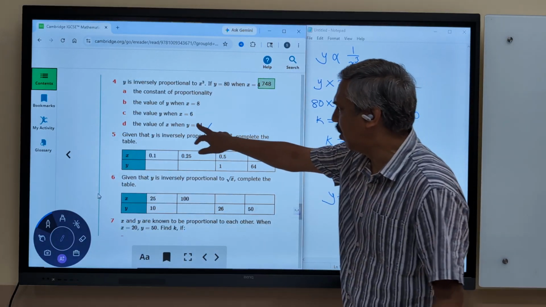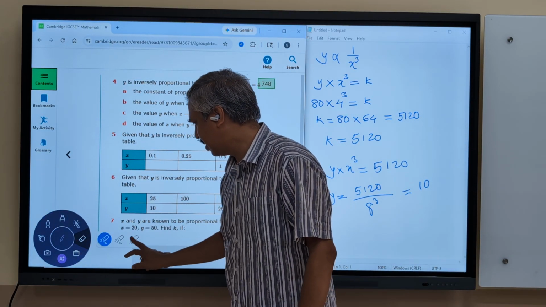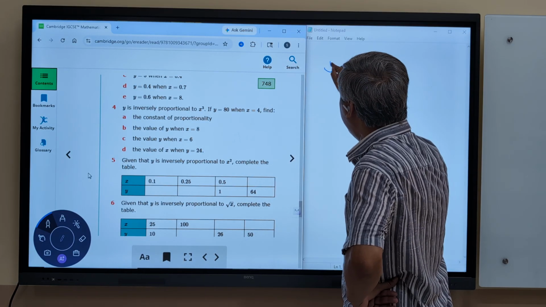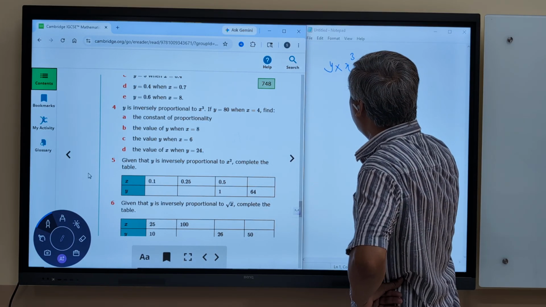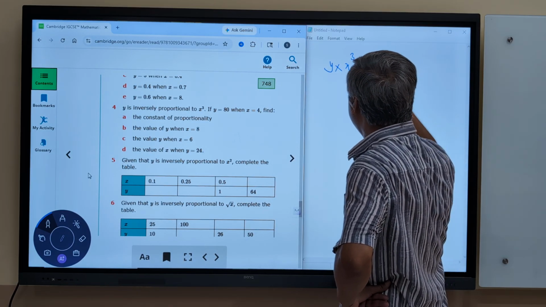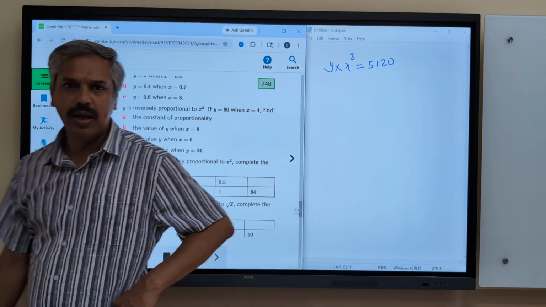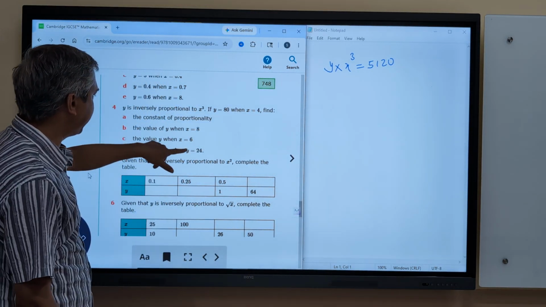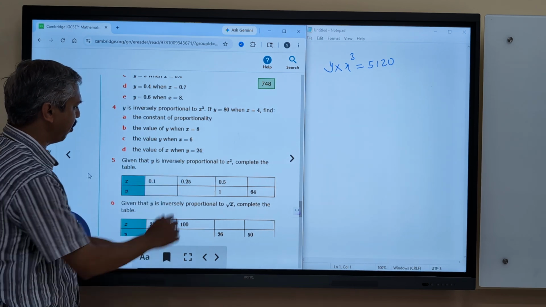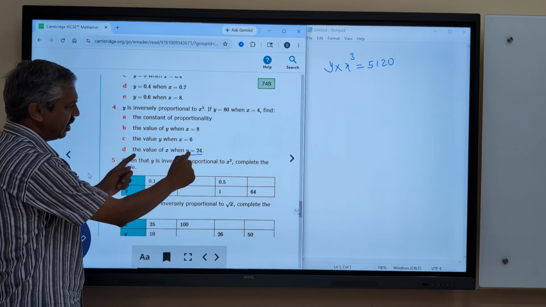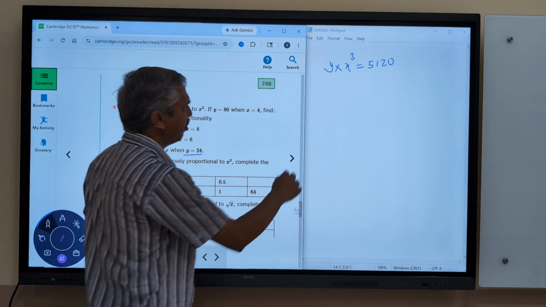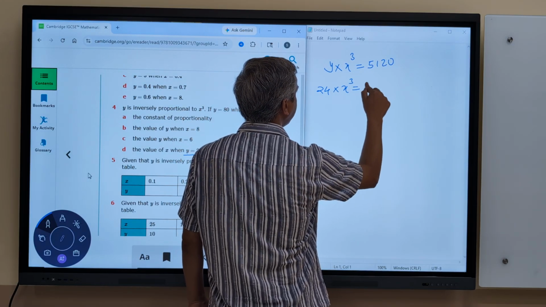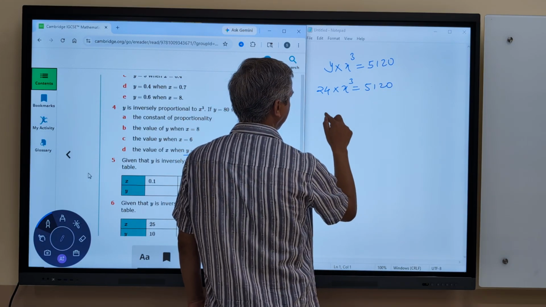We'll solve d, because d will require a little bit more adjustment. So we have y into x cube is equal to 5120. In this case, d says y is equal to 24. So 24 into x cube is equal to 5120.